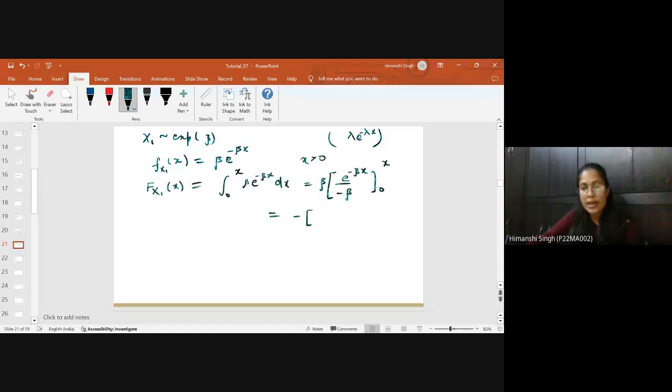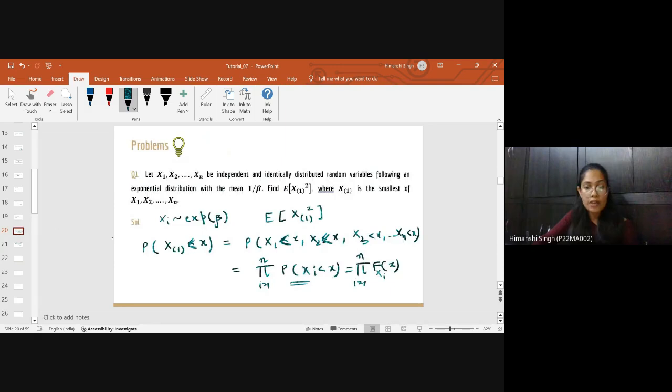Take beta outside, and I can write it as t also. So it will be t here. If I take the upper limit, it will be e to the power minus beta x, and the lower limit, it will be minus of 1. It is nothing but 1 minus e to the power minus beta x. So this is basically the distribution, the CDF. So I will put it here.